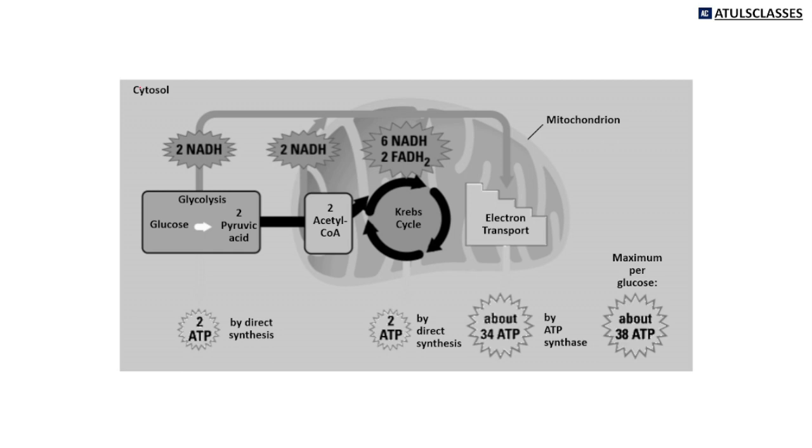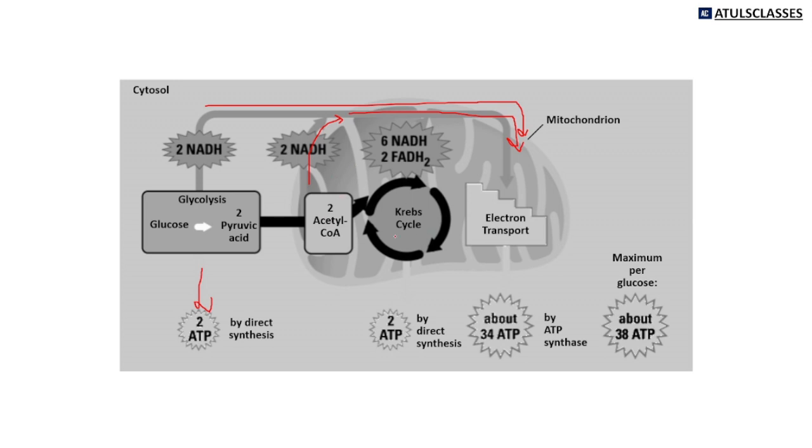Now we can also summarize this. In glycolysis, 2 ATP are formed and 2 NADH2. This NADH2 will move to the electron transfer chain. Then pyruvic acid goes to acetyl coenzyme A, where again there is a formation of NADH2, which again moves for electron transfer.